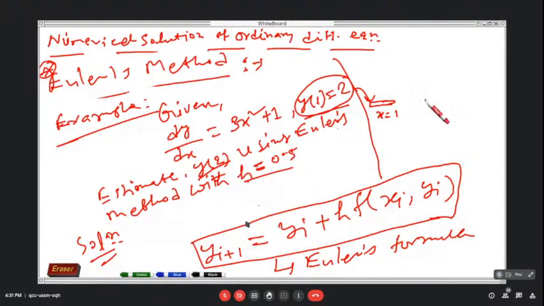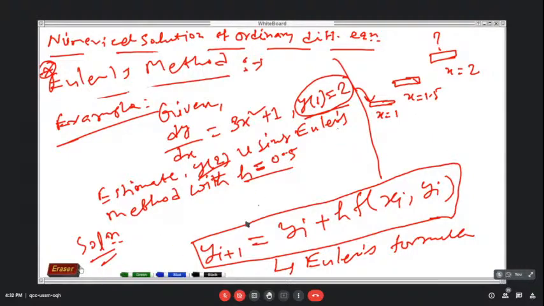That means your next step will be x is equal to 1.5, and then your next step will be x is equal to 2, because these steps are of 0.5 and this value you want, right? Because this is known, this is y is equal to 2, and you want to find the value at x is equal to 2. In between, you have to take the step 1.5.